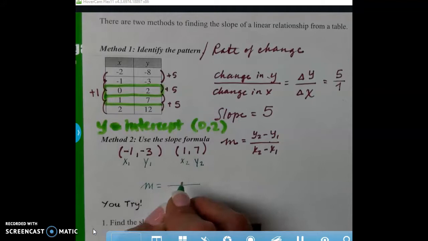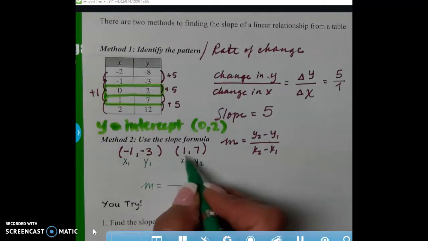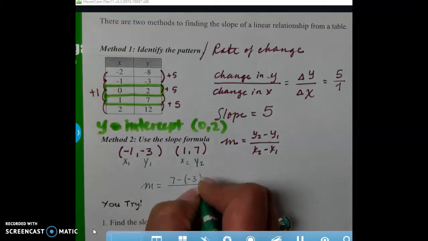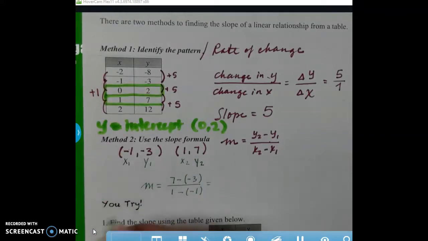Again, super important: you are finding the difference. You were here, now you're here. So you are subtracting 7 minus -3, over 1 minus -1. Now, I did want to give you right away an example with negatives, so we see how these integers come to life again.